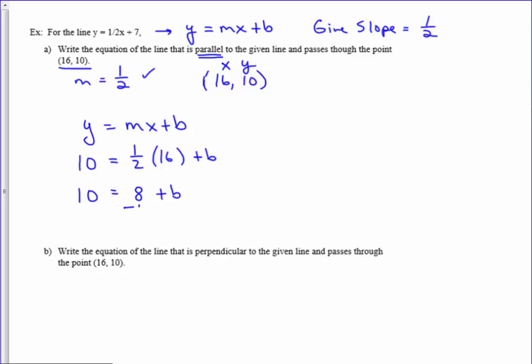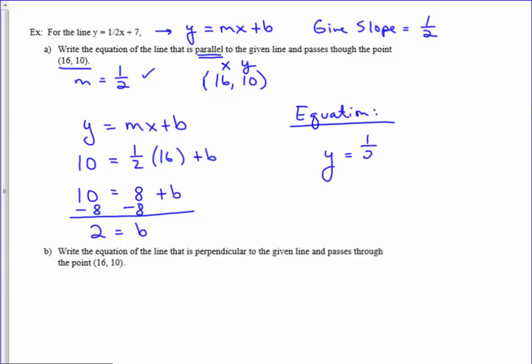Then to solve for b, we'd need to subtract the 8 over, and so we would have b equals 2. So the equation they are asking for would end up being y equals 1/2 x plus 2, and that would be for the parallel line.